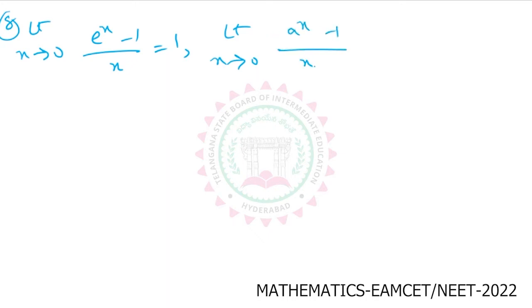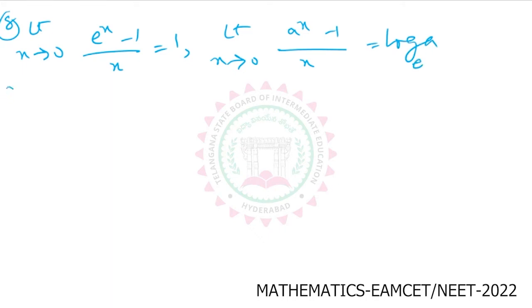Eighth one, limit x tending to 0, e power of x minus 1 by x is equal to 1. Limit x tending to 0, a power of x minus 1 divided by x is equal to log a to the base e. Right?